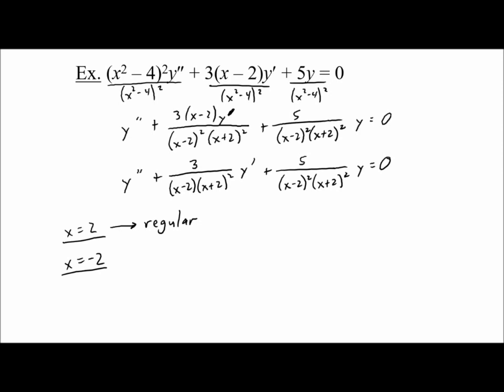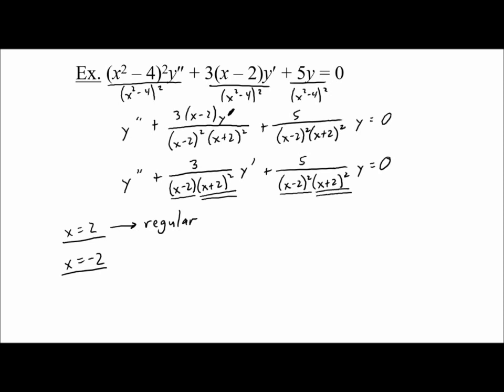It's singular because both of the denominators have a factor of x minus 2. Notice that factor appears only once in the bottom of p of x and only twice in the bottom of q of x. And that's what we call regular. X equals negative 2 comes from the factor of x plus 2.